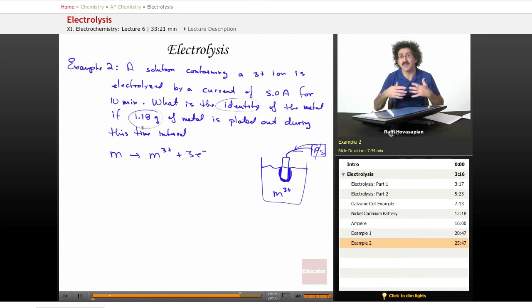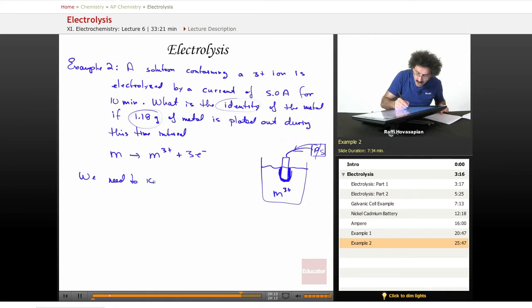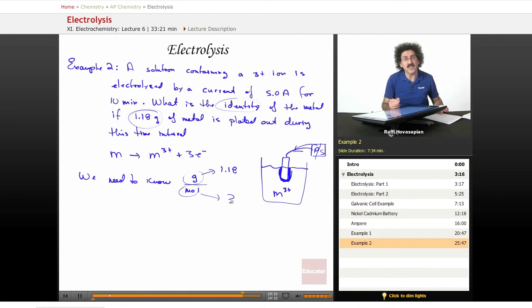This is a metal, an element. You need to know its grams per mole. Well, we have the grams already, that's 1.18. What we need to know is how many moles of this metal are actually deposited.